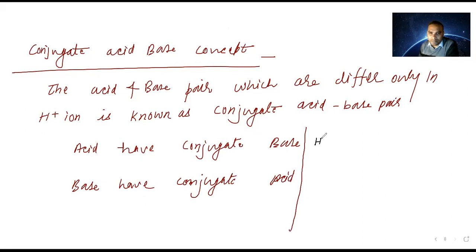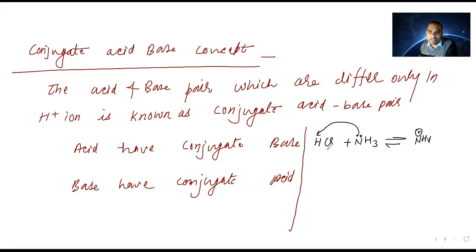See, I have taken HCl and NH3. In NH3 a lone pair of electrons is there. This lone pair is going to accept H plus ion, so it is converting into NH4 plus. Now out of HCl and NH3, which is giving the H plus ion?